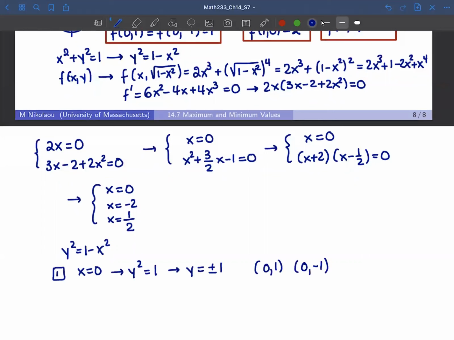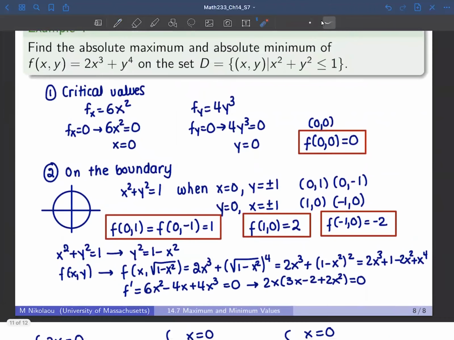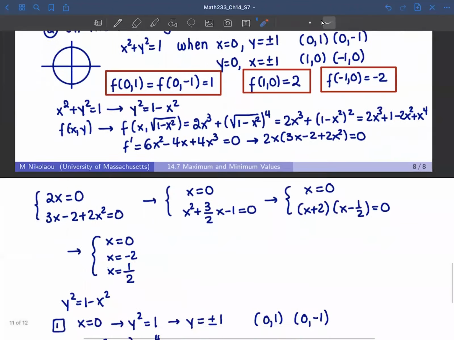And now the value of the function at the point (0, y) will be equal to just y to the fourth. So we just plug in a 0 into the original function. So we plug in 0 here, so that term becomes 0, and we only have y to the fourth.